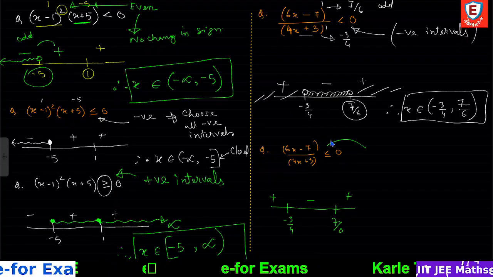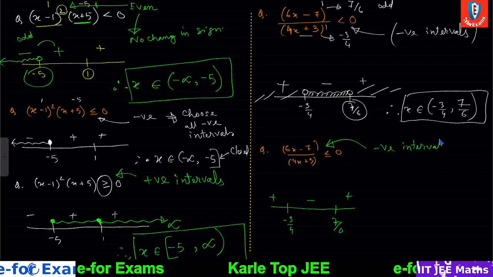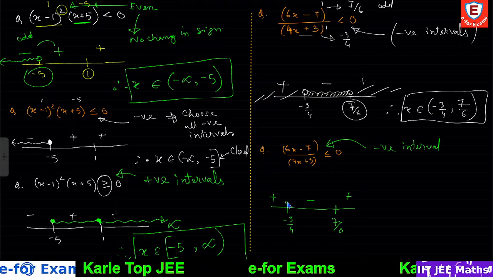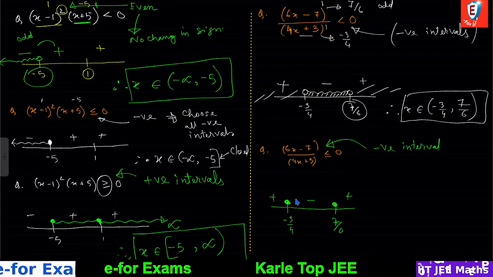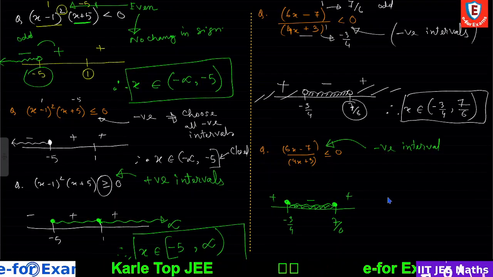So, negative interval. Since the equal to sign is there, we include the interval. So it will be a dark circle here. It will be a dark circle, all numbers between these two.